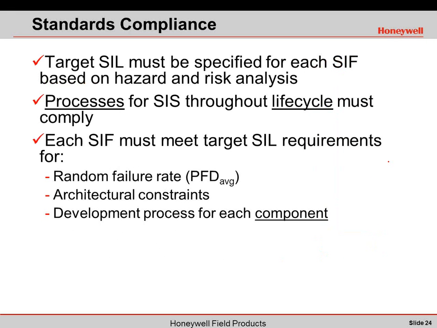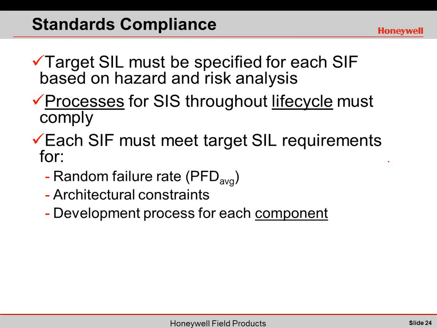Our target SIL must be specified for each SIF based on hazard and risk analysis. So you'll note once again SIL only relates to a safety instrumented function. And remember, we can have multiple safety instrumented functions in one safety instrumented system.